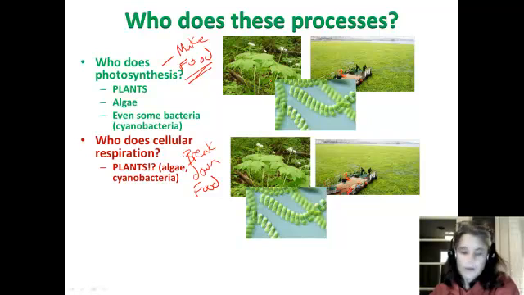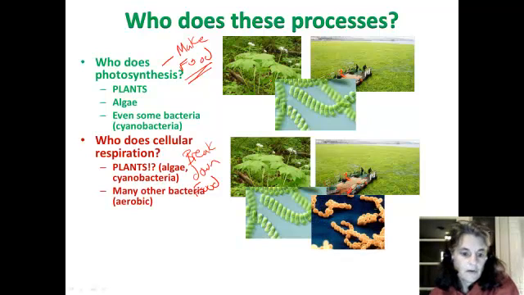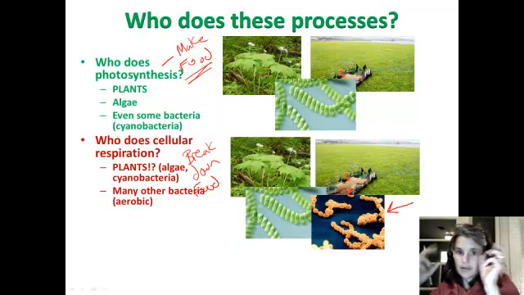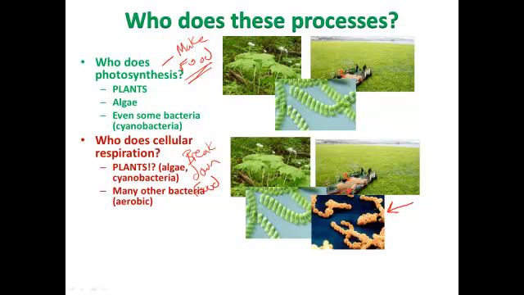Now, who else does cellular respiration? Well, of course, more other kinds of bacteria. These, interestingly enough, are strep bacteria that might infect your throat or whatever, but they use respiration. They're called aerobic because they're using oxygen. They are breathing, if you will, to get their energy, just like we might.